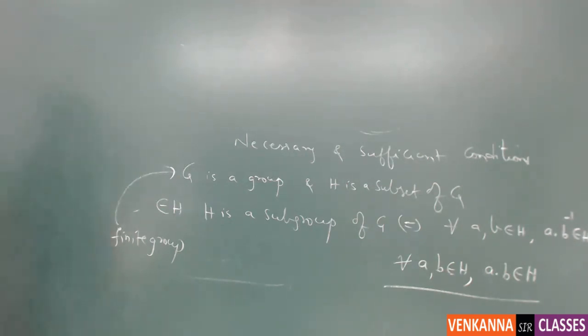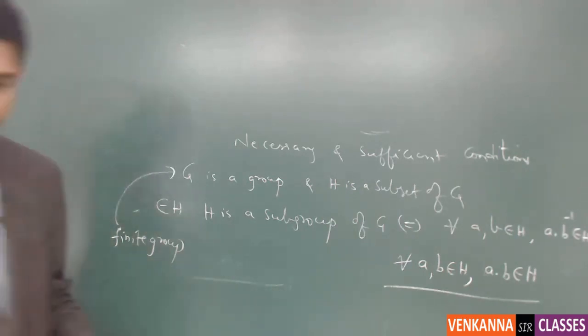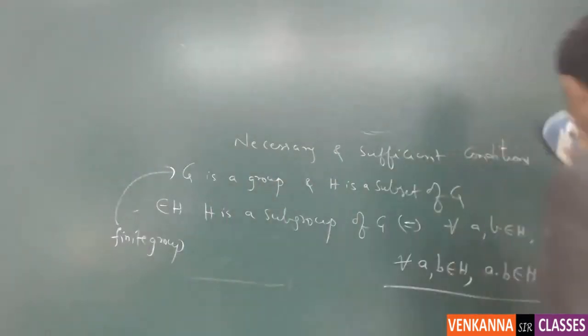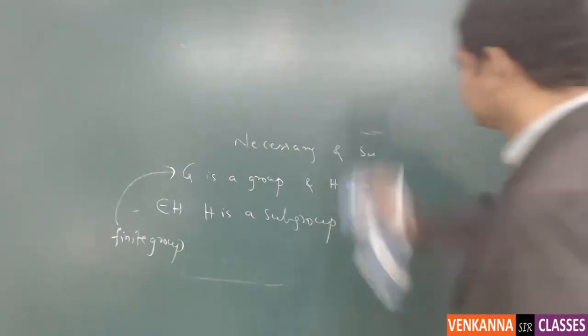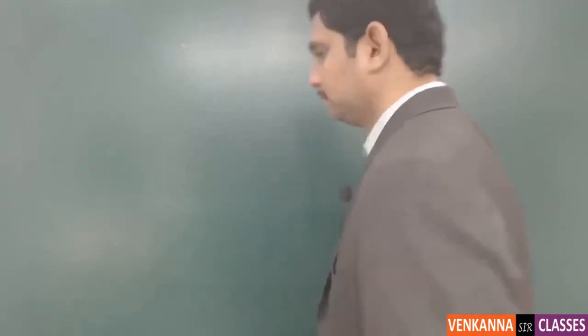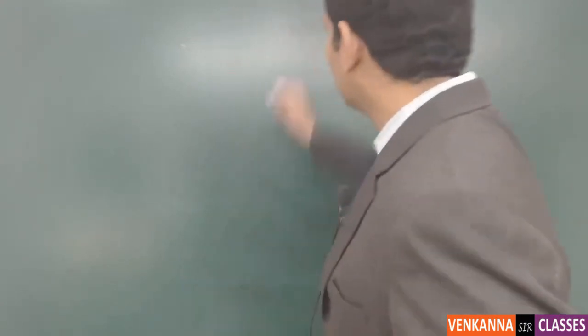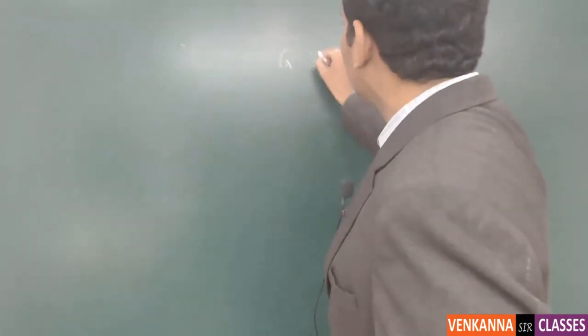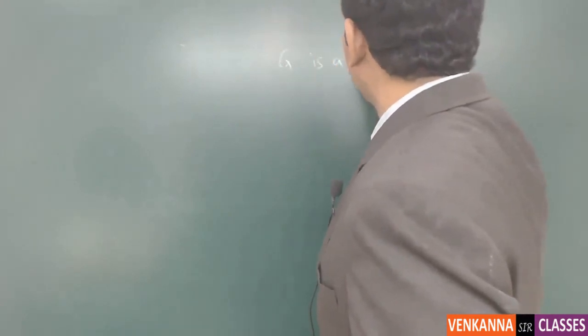That is what we are going to discuss. I will give the proof for it also right now, because it is also asked in the previous year papers. We will discuss with the proof. Clear? So let us go with the proof. So what we did, you have taken G is a finite group.